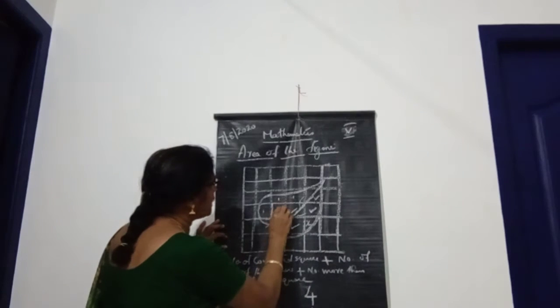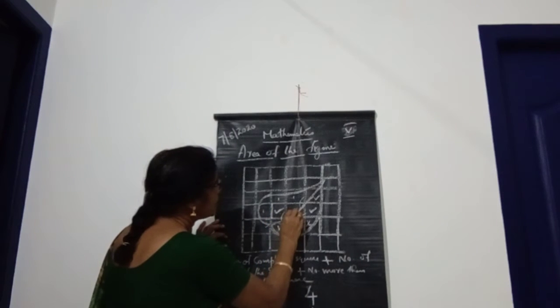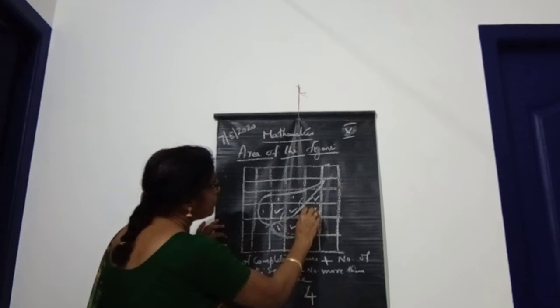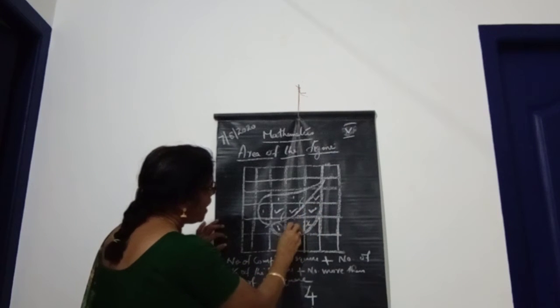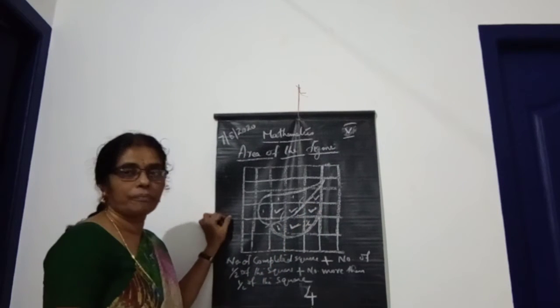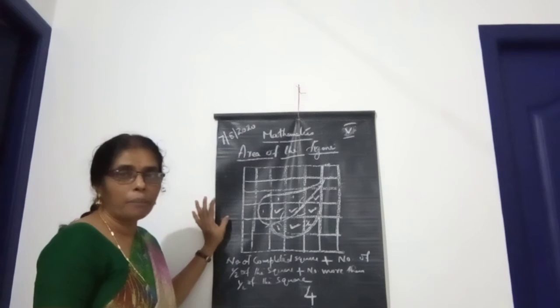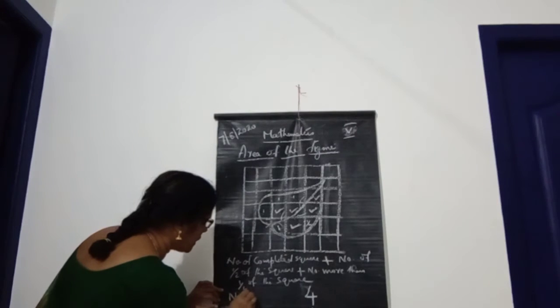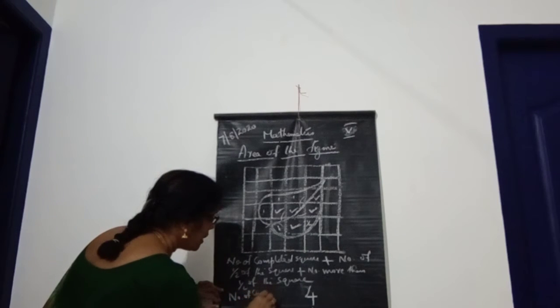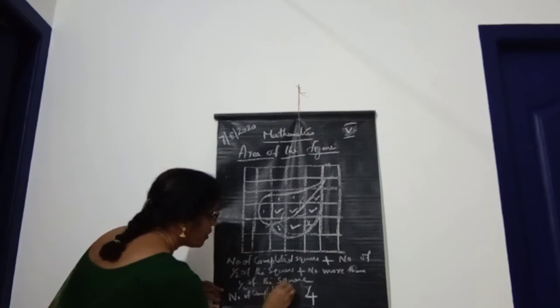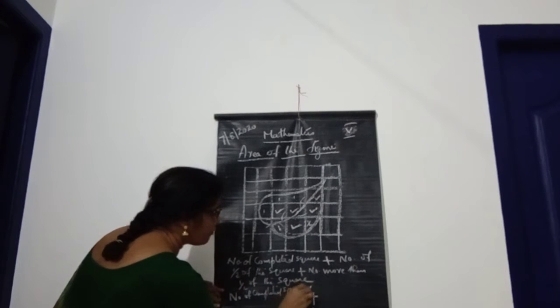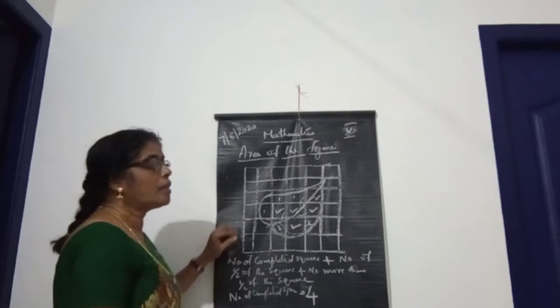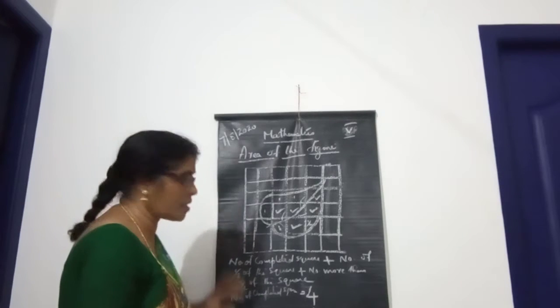This one is completed, 1. This one is completed, and this one, and this one also. 4 completed squares. So you can write it: the number of completed squares is 4.